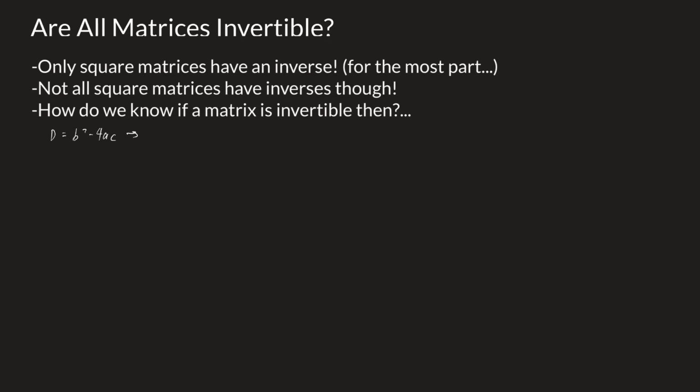Now, if D is equal to 0, that means one real solution. If D is greater than 0, that means you have 2 real solutions. And if D is less than 0, then you have 0 real solutions, right?